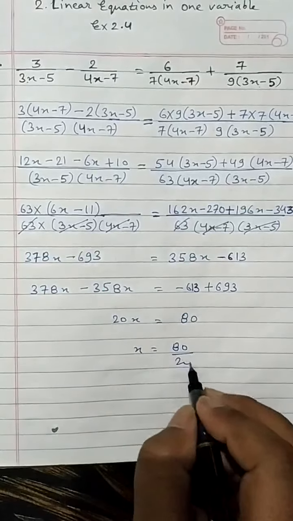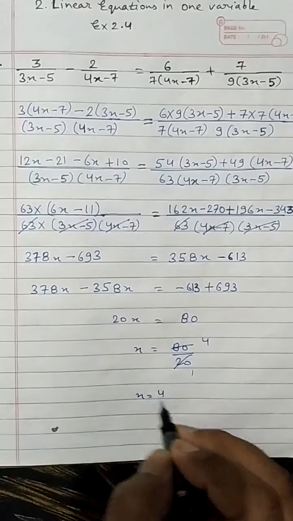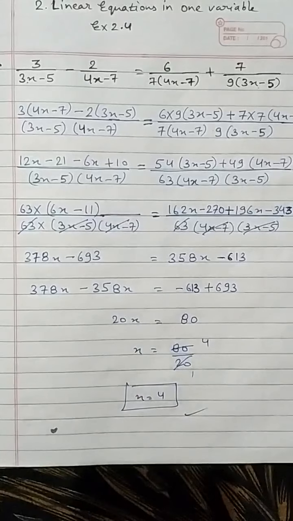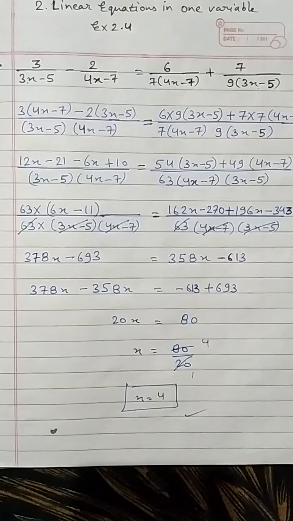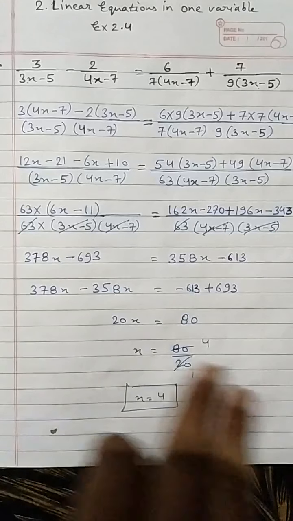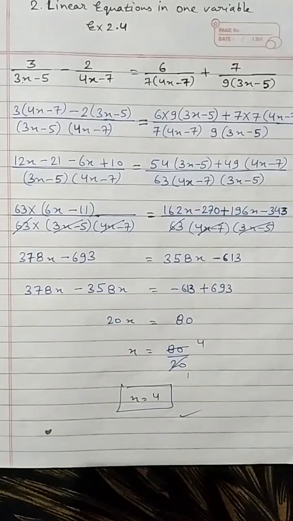So this 20 will be down, 20 fours are 80, so the value of x is 4. If you solve this question by copying this solution one or two times, then solving it again by yourself, you can get this question.